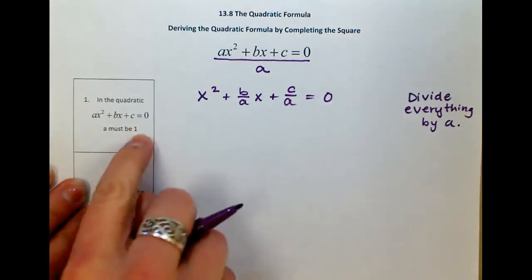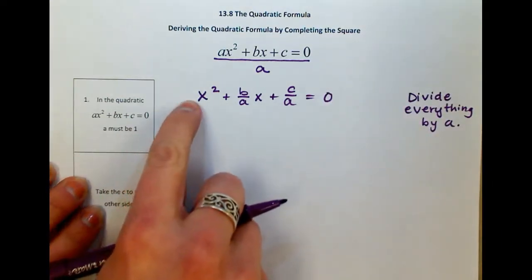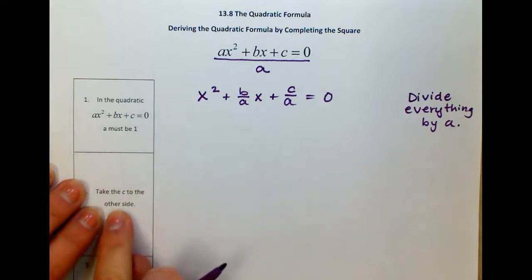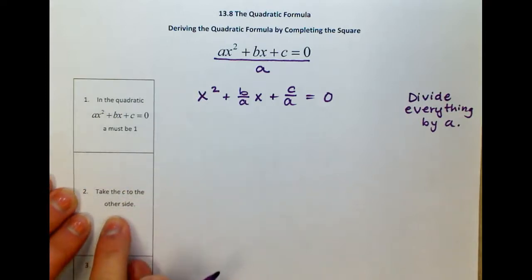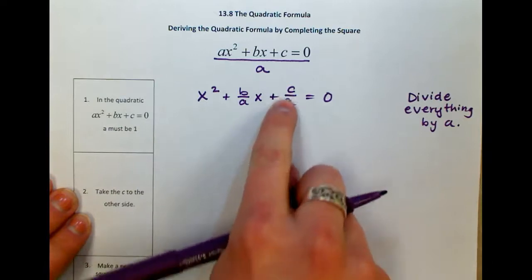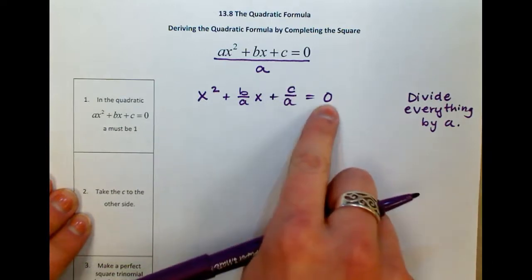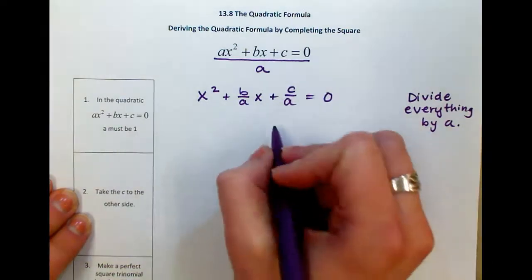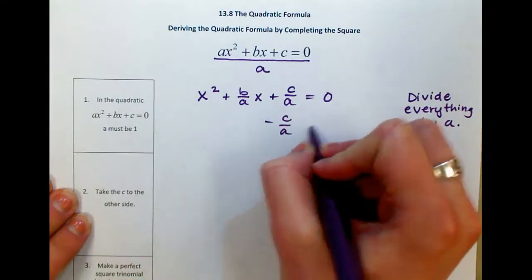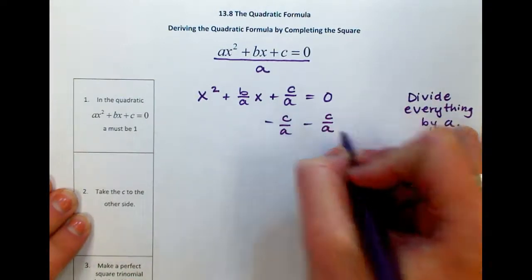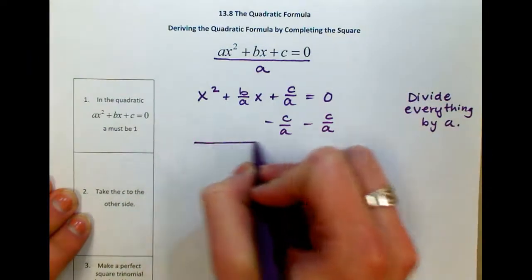Now that a is 1, in this sense, 1x squared, my next step is to take c to the other side. So this c term here, my constant, has to be on the other side of the equation. So I'm going to subtract c over a to both sides.